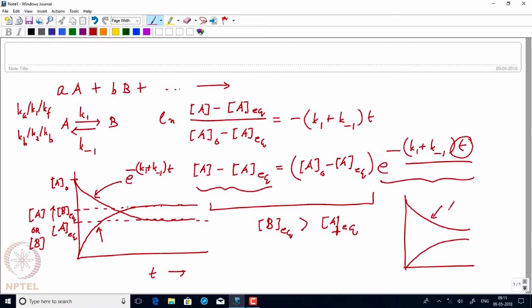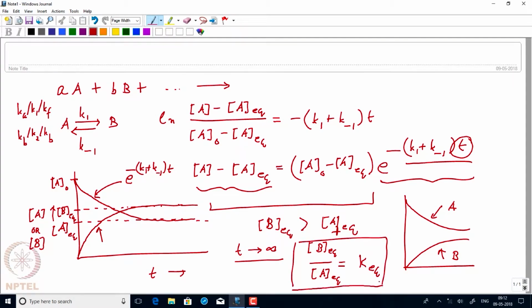This is for A and this is for B. So the amount of product at a very long time, when t goes to infinity, is constant, and the ratio can be connected to the equilibrium ratio of B and A, which is nothing but your equilibrium constant, the thermodynamic equilibrium constant.